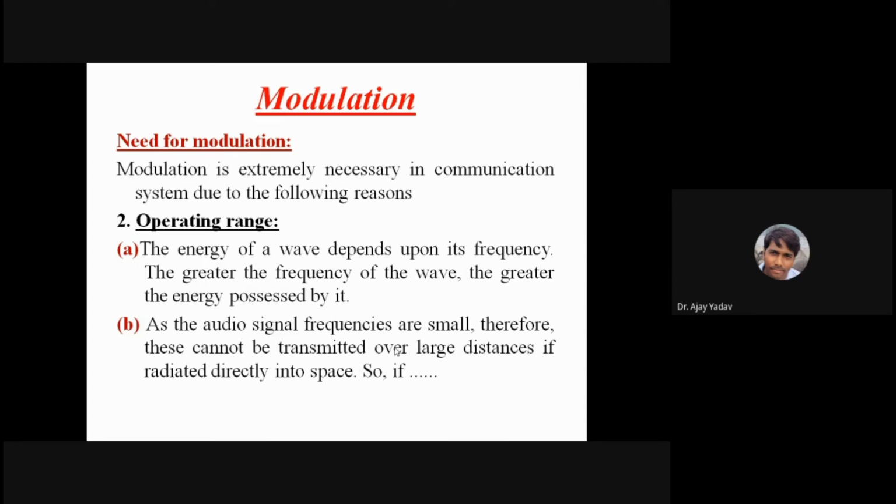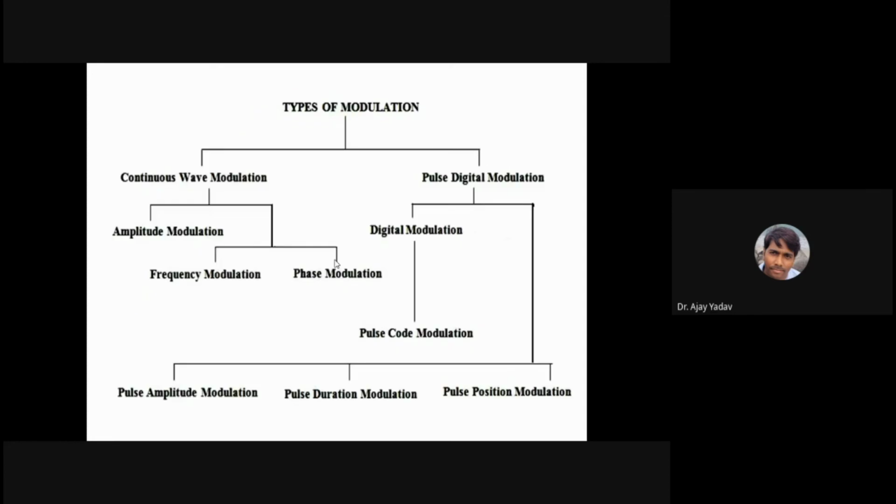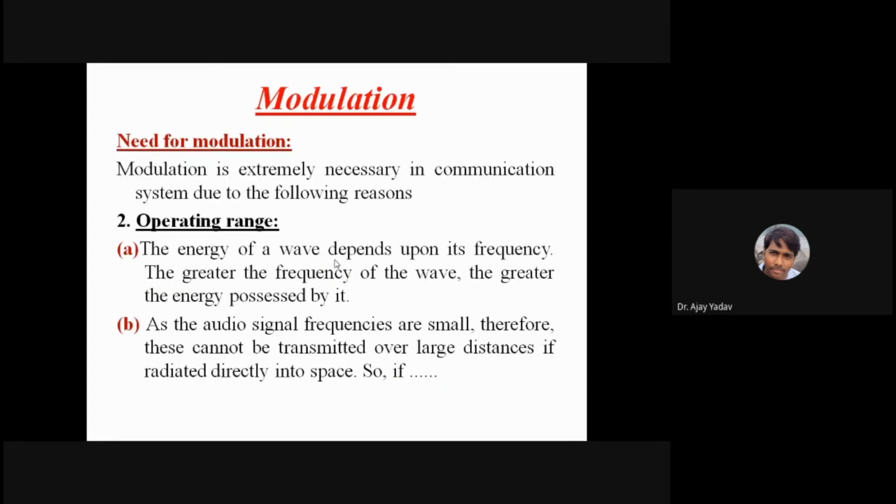Understood the two reasons? The length of the antenna required will become small, and you can have a larger operating range for the signal if you can enhance the overall frequency of the signal. In the first case, the length of antenna required will be minimum if we can devise a system where you can enhance the overall frequency of the original signal.